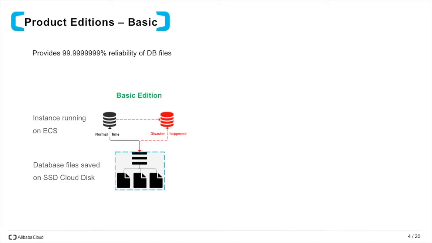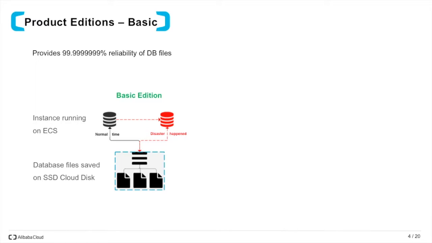Compared with the high available instance, the basic instance doesn't look as powerful, and that is true. If a disaster happened on the server running on basic with a single instance, such as a power failure, for example, how can we restore our database service? We can't exactly restore it unless we have the data on the server disk.